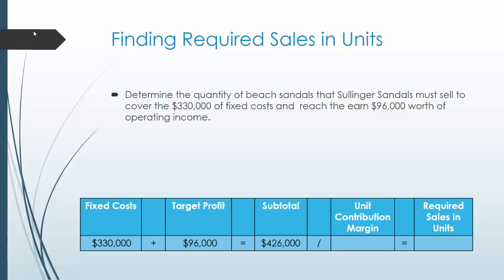Now we got to come up with $426,000 in order to pay our fixed costs and have the amount of profit left over that we want. We divide that by our new unit contribution margin of $10 per sandal, our required sales in units have jumped to 42,600. So now we got to sell significantly more sandals because we got more costs to cover and we have less contribution margin for each pair of sandals.